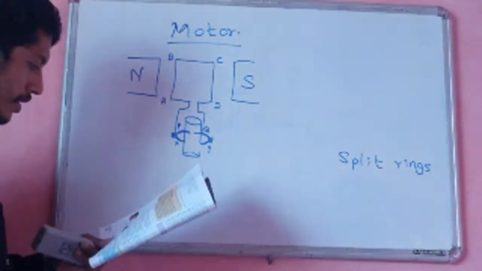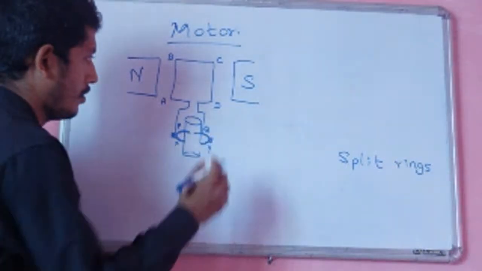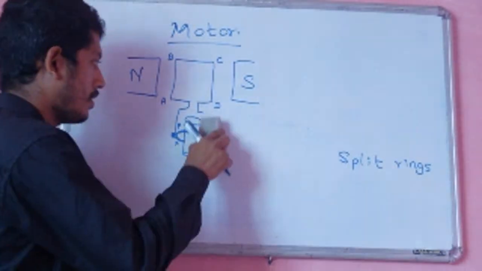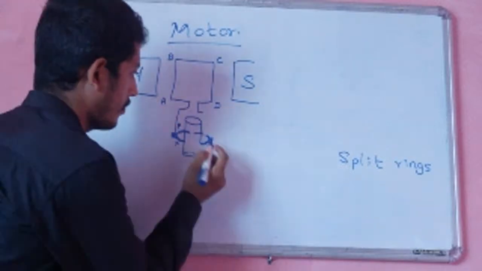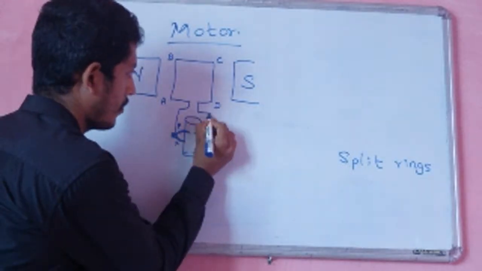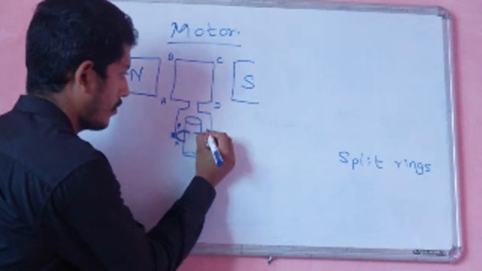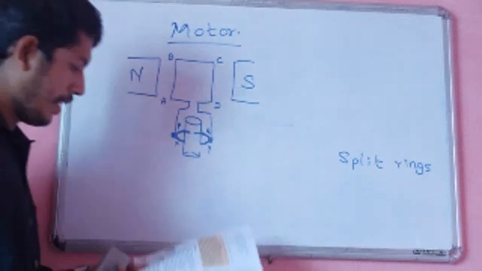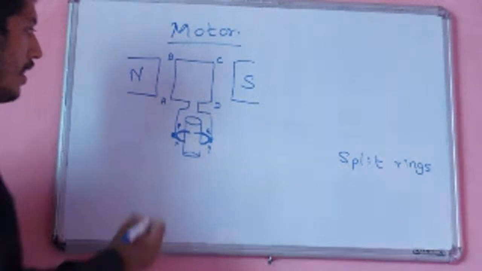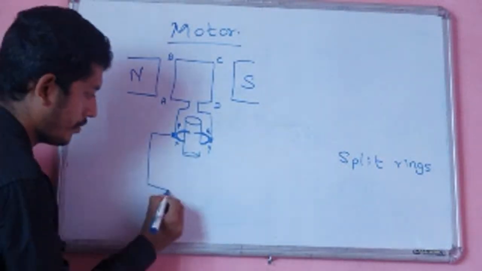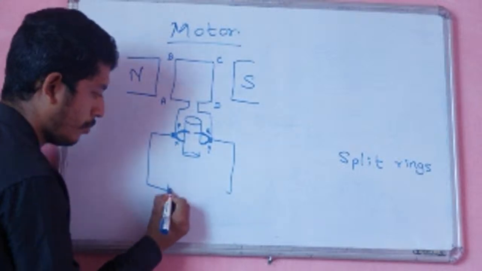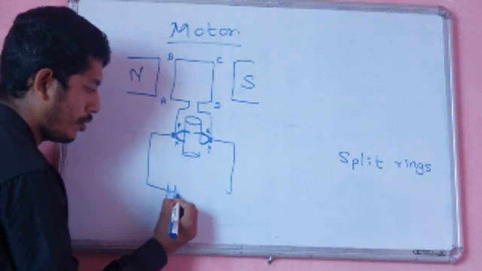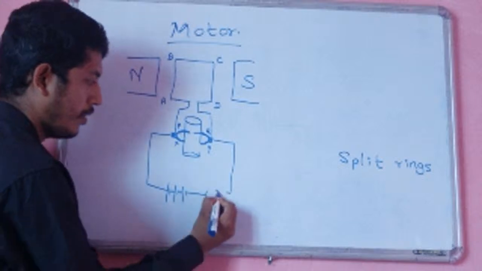The armature is connected to this brush, and the armature is connected to this brush, and then these are connected to a battery. On one side the battery has positive, negative, positive, negative, positive, negative, then one key.